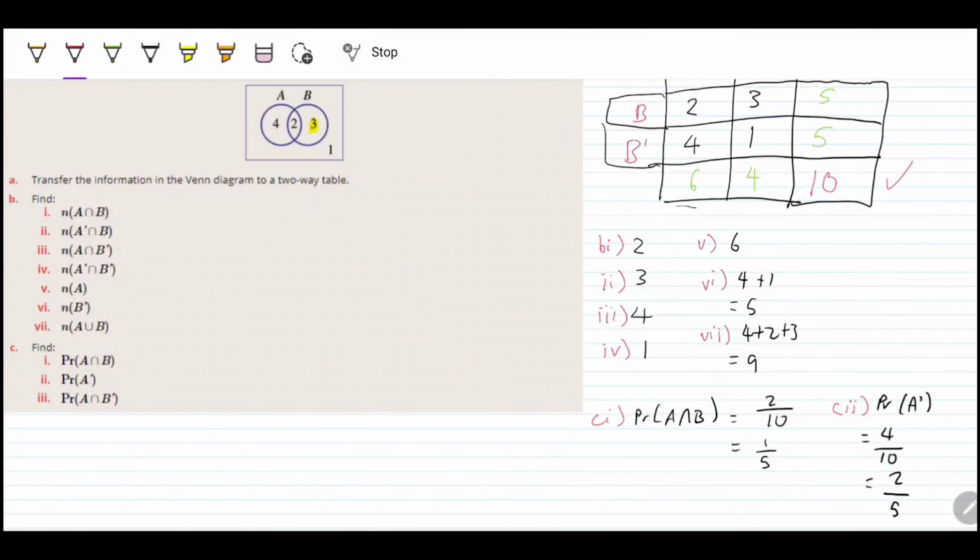And finally, the last question, C(iii), will be the probability that we have A intersecting with everything that is not B. So in other words, everything that is just A. That's going to be 4 over 10, which we can simplify to 2 over 5.